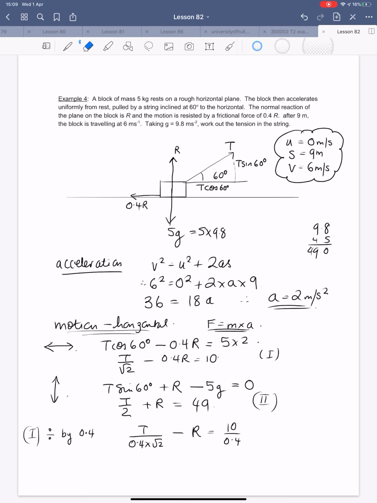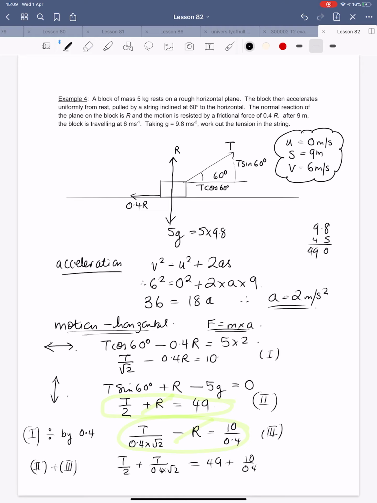Call that equation 3. If I do equation 2 plus equation 3, the R terms are going to cancel. So you can say T over 2 plus T over 0.4 times root 2 is 49 plus 10 over 0.4.